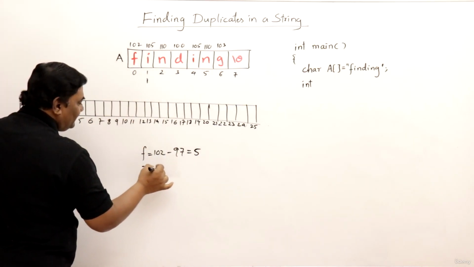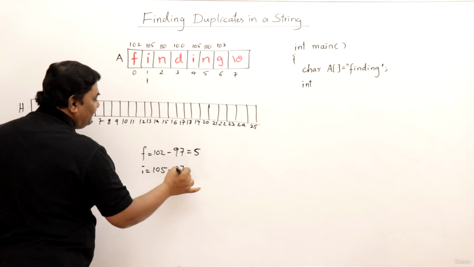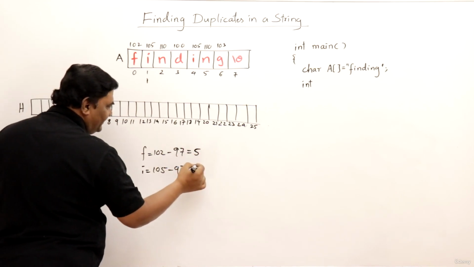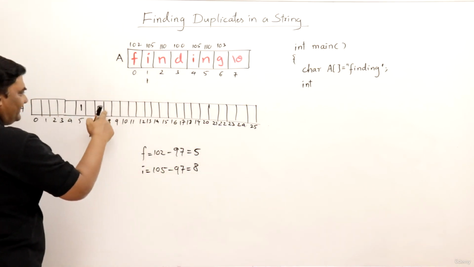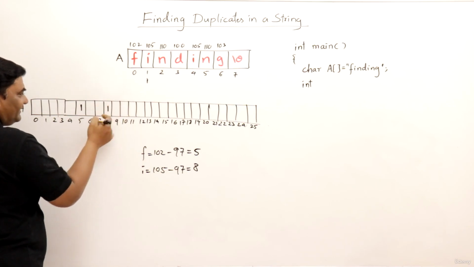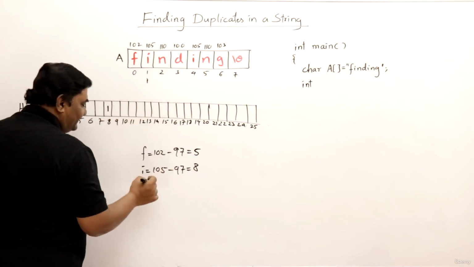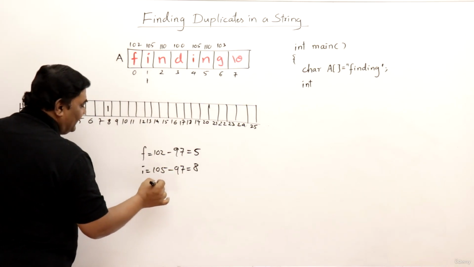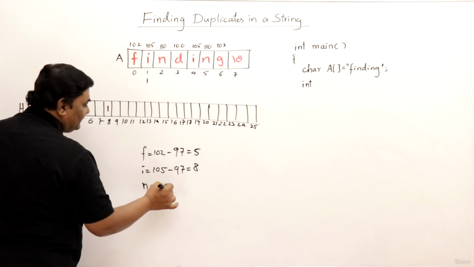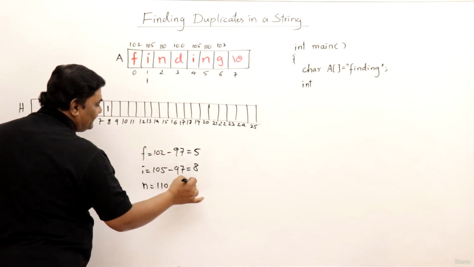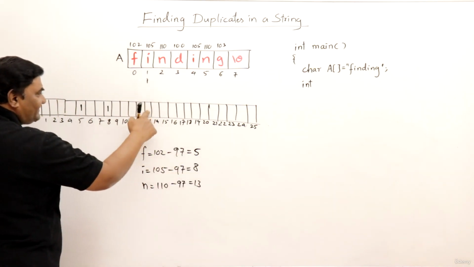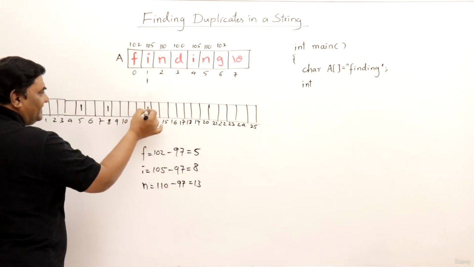Minus 97, this will be 8. So go to index 8 and increment it. It was 0, make it 1. Then next N. N's ASCII code is 110, right? Subtract 97, so it is 13. Go to index 13 and increment it.